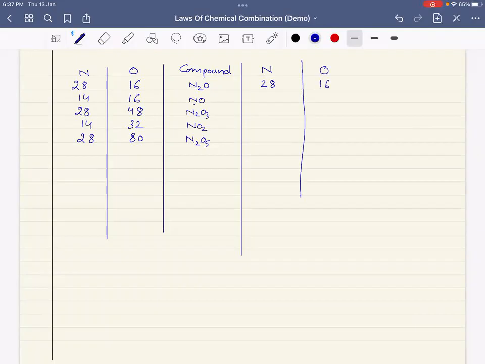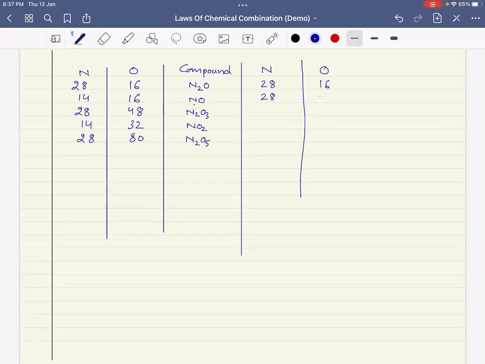In the second case, NO, the mass of nitrogen is 14. So we are fixing the mass of nitrogen. If we make it 28, we will have to take 2 nitrogen, meaning we have to multiply this 14 by 2. So if we double the nitrogen, then oxygen will also get doubled.